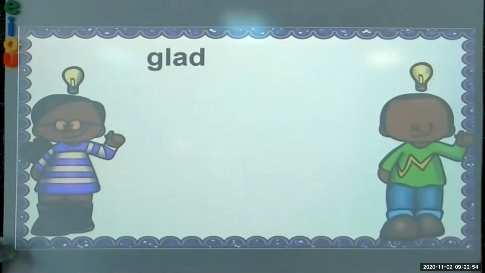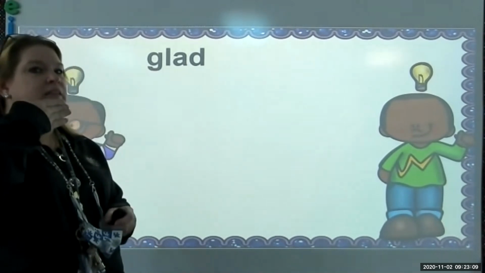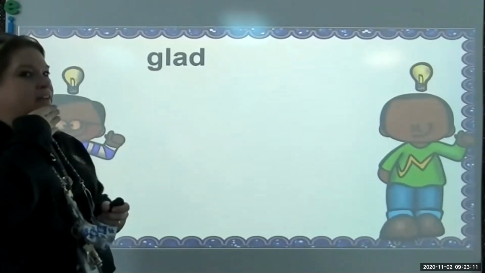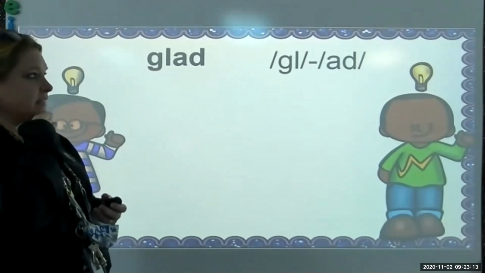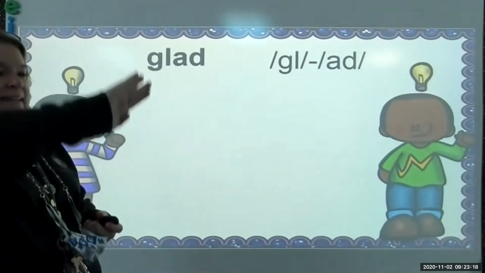All right. So now it is time to do our sentences. The first sentence is, Sarah is so glad she can play all day. So the word glad, if we break it apart, glad. The gl is our onset, and the ad part is the rhyme, glad.